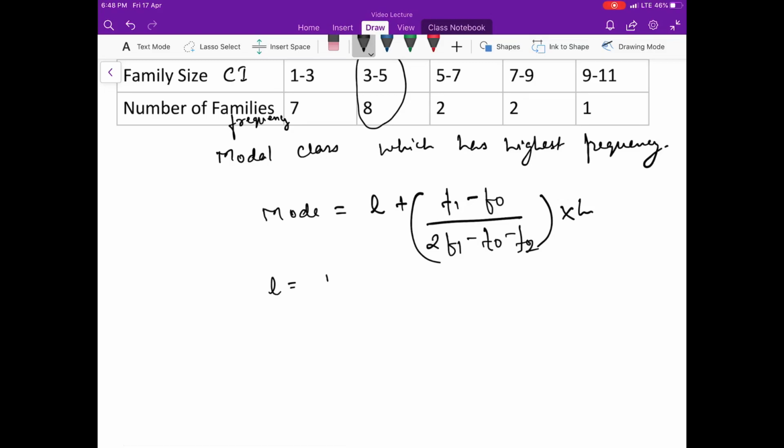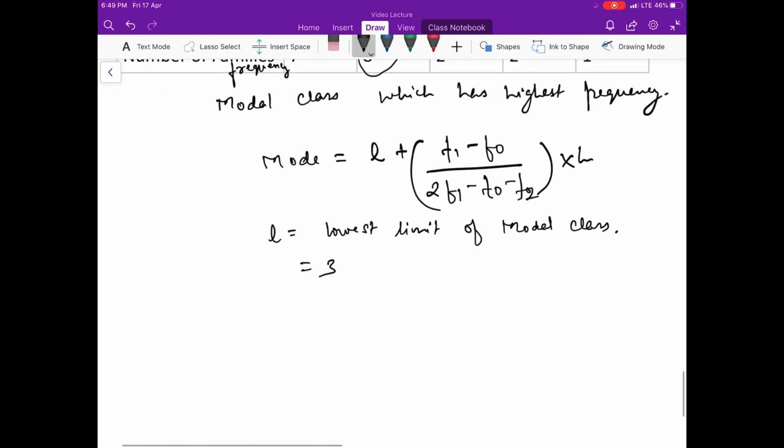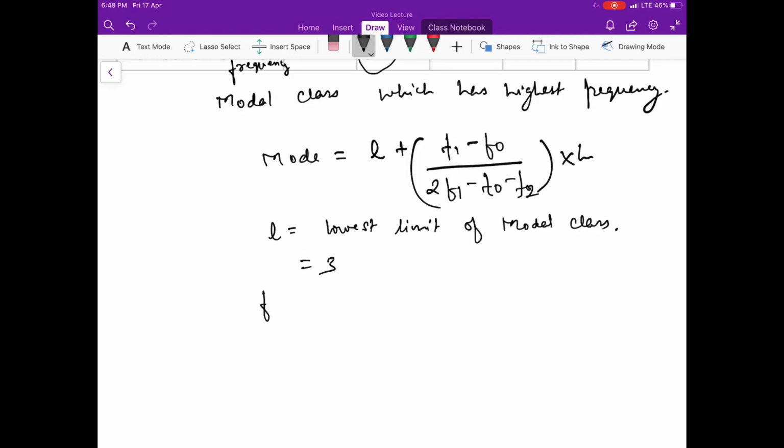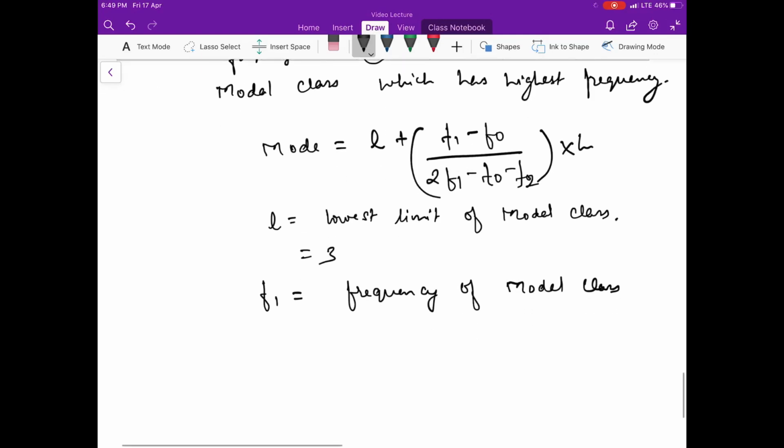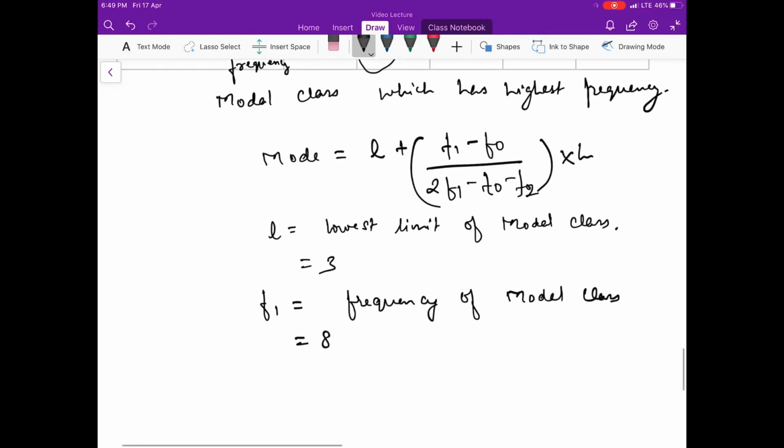Here L is the lower limit of the modal class. If you observe, the modal class is 3 to 5, so the lower limit is L equal to 3. Next, F1 is the frequency of the modal class. The frequency of the modal class is 8 according to the given table.